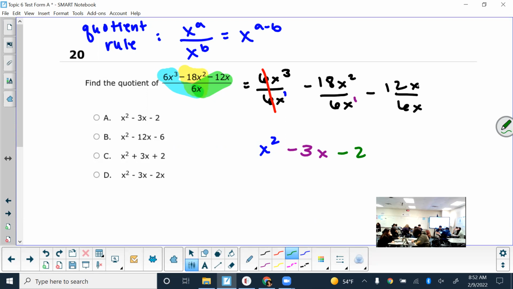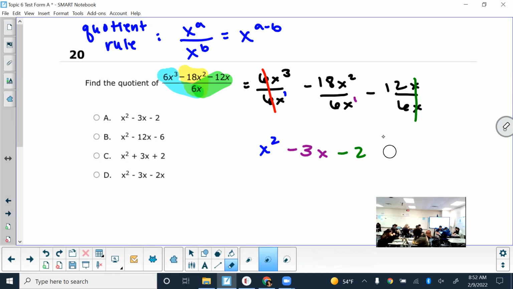And I have the same thing on top and bottom. It cancels out just like the 6's did over here. Since these are both x to the first, they cancel out to 1, which I'm not going to write negative 2 times 1, am I? So what's negative 2 times 1?